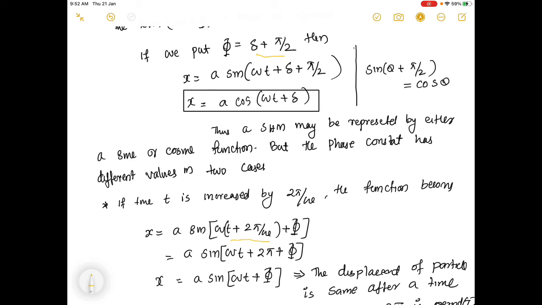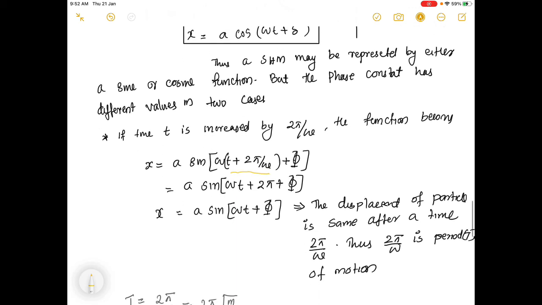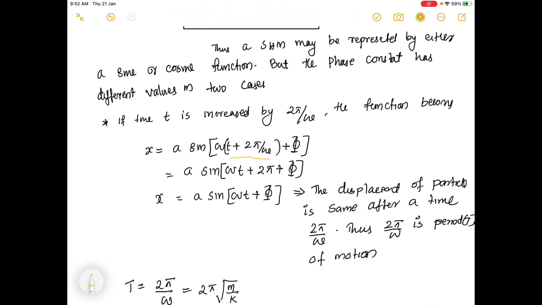You know sine of (theta plus 2 pi) becomes sine theta itself. So the expression is nothing but a sine (omega t plus phi). So the displacement after a time 2 pi by omega is the same as the initial value. This is very important. The displacement of the particle is the same after time 2 pi by omega.